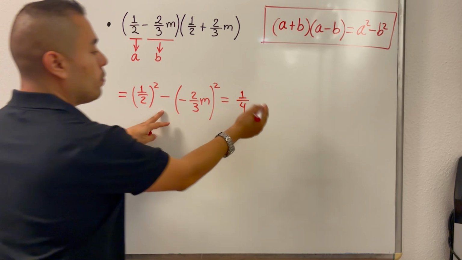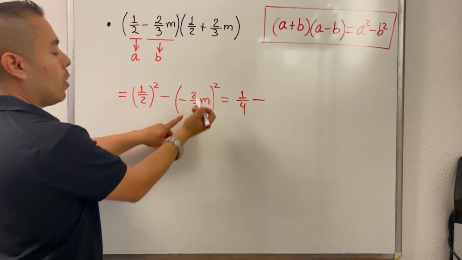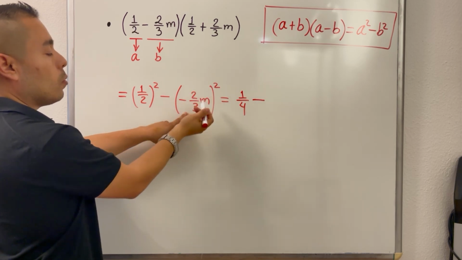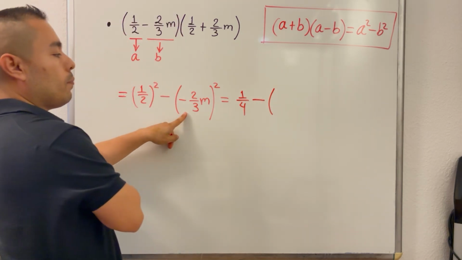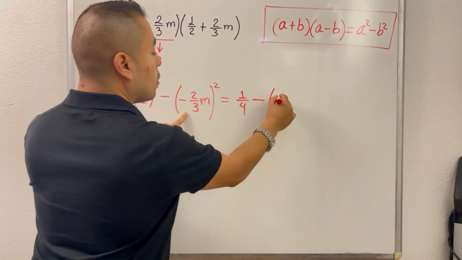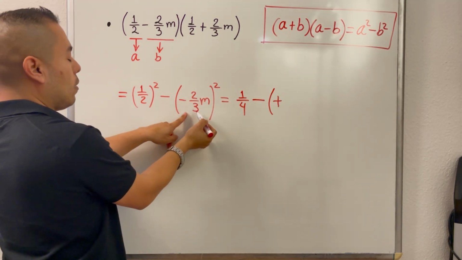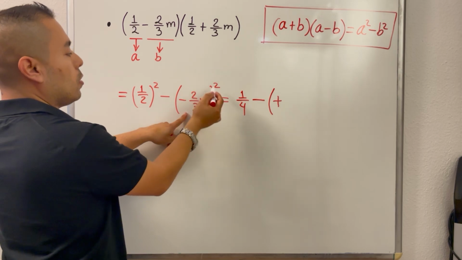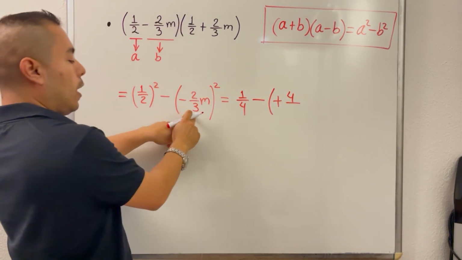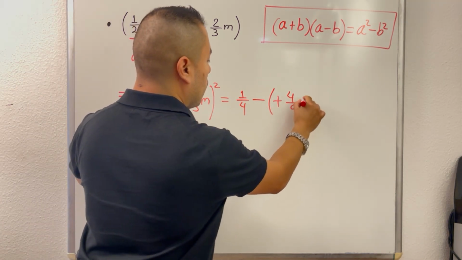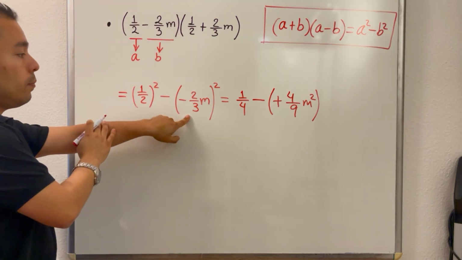And in the second term, we have the minus, and then let's solve what is inside here. We have the negative, that is squared. This will be minus by minus. This is plus. I will use a parenthesis again. This will be plus, and then the square will apply to the numerator and the denominator as well. And the m, of course, this will be 2 squared is 4, and 3 squared is 9. And as I said, the m should be also squared.